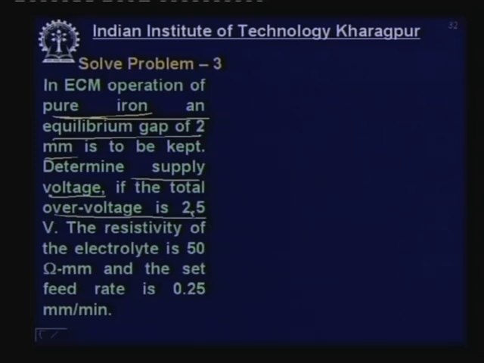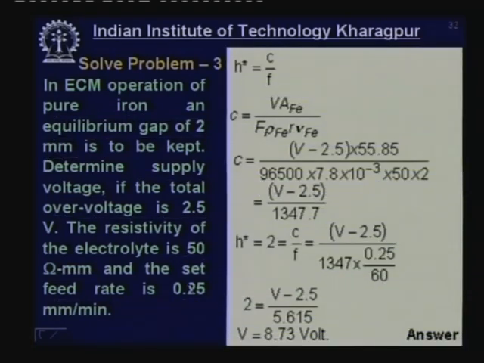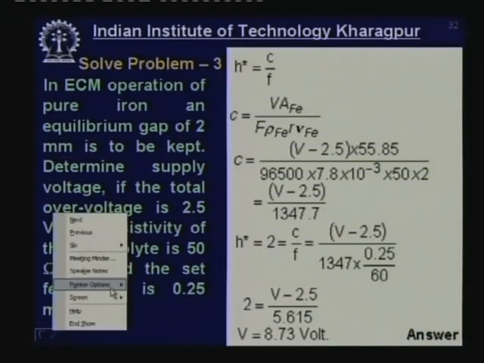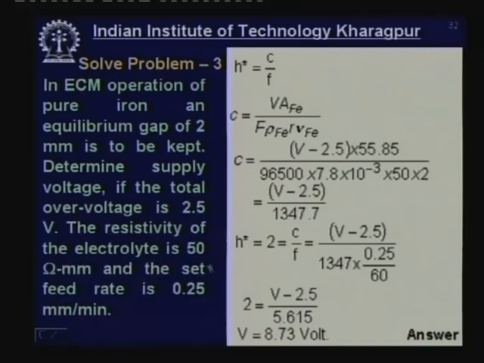The overvoltage is 2.5, resistivity is given as well as the feed rate is given. So, how do we solve the problem? We have to find the expression for h star, the equilibrium gap, which is C upon F. C we can calculate because all the parameters are given, but it has to be calculated as a function of F, a function of the voltage applied, which is V minus 2.5.